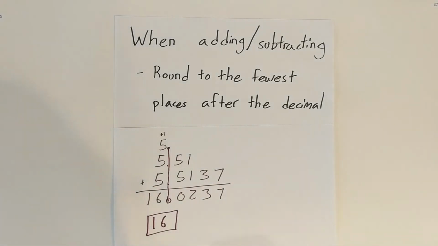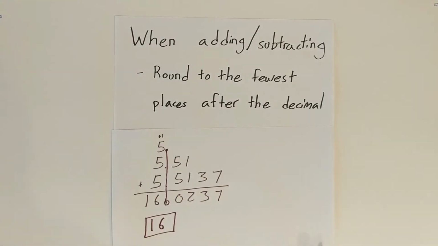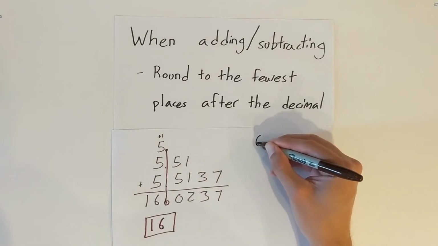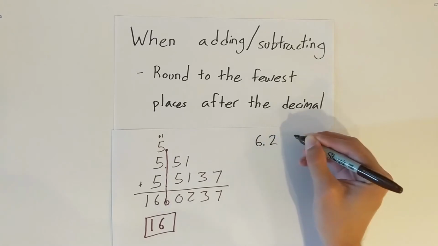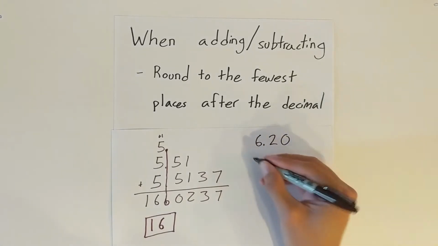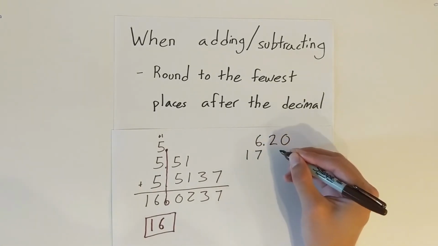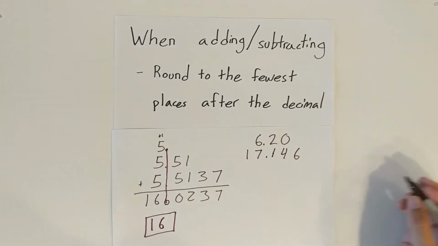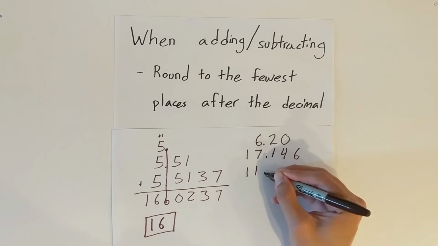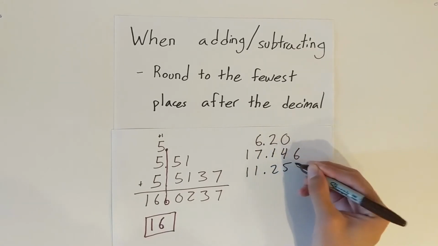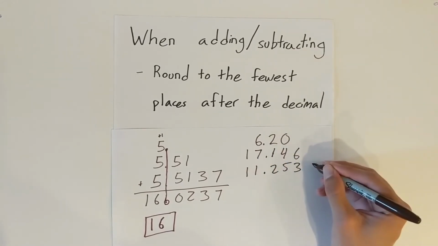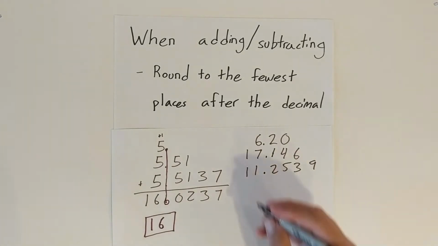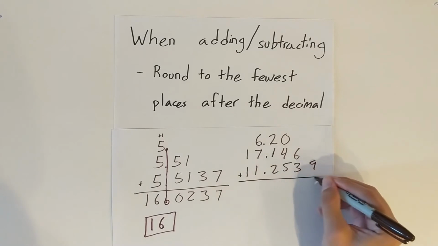So we'll do another example with addition. So if I had numbers such as 6.20, 17.146, and 11.2539, and I was adding all these together.